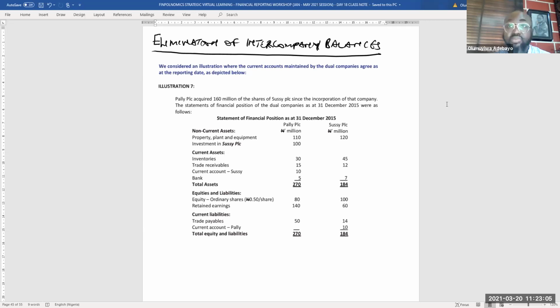What is unique in the question? Can you highlight it? The intercompany balance between Suzy and Pali, current accounts 10. What is key in the question is what you have mentioned. Current account.